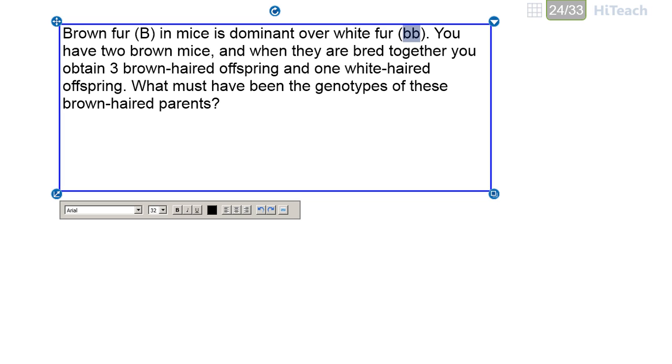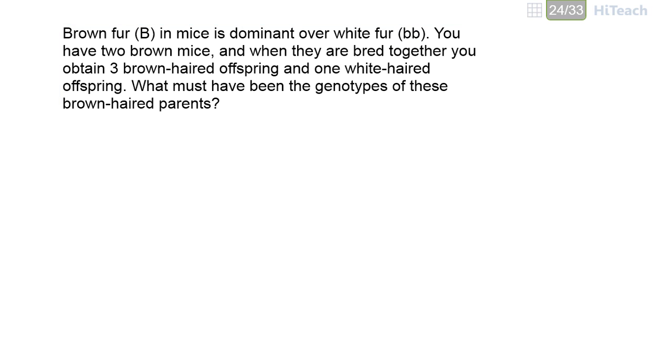You have two brown mice, and when they are bred together, look at this question, both of them have the dominant phenotype. And when they are bred together, you obtain 3 brown-haired offspring and 1 white-haired offspring.